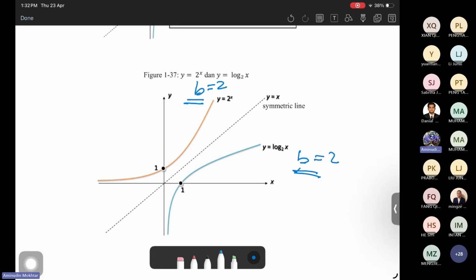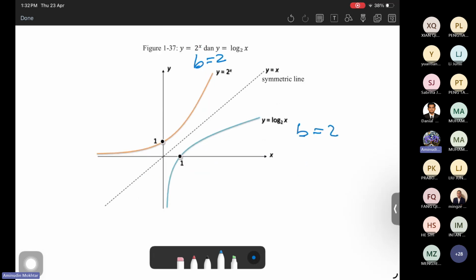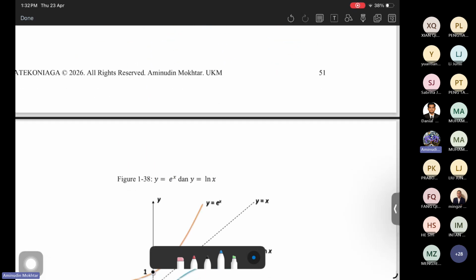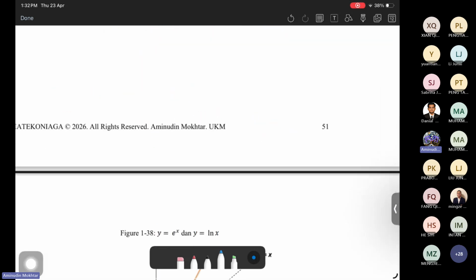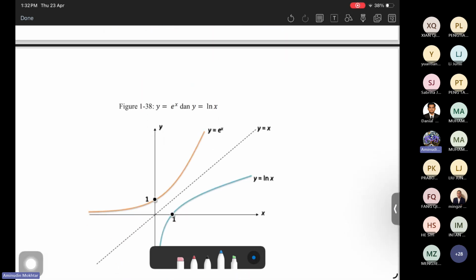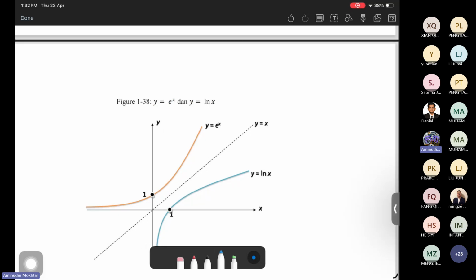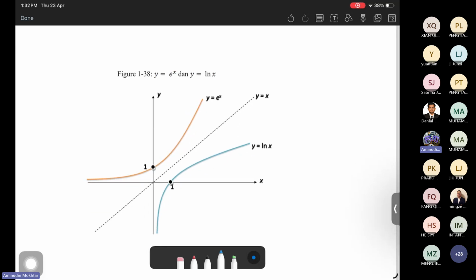Okay, that's all about the description of the graph for the exponent. The same goes for y equals e to the power x and y equals ln x. As you can see, this ln x is actually y equals log base e of x. This is y equals e to the power x, an exponential with base e.